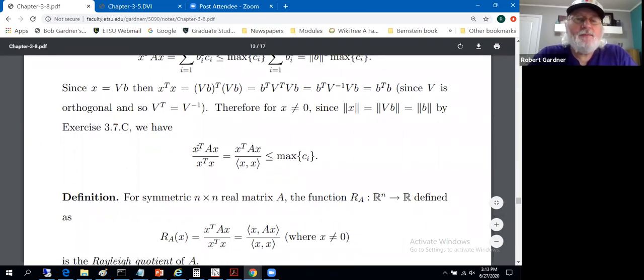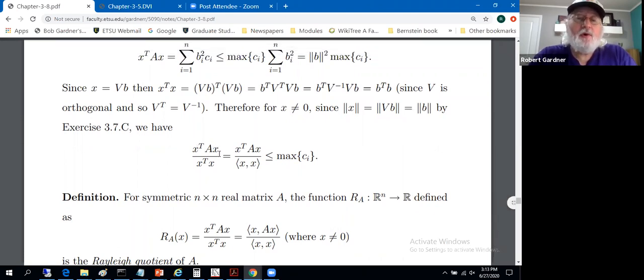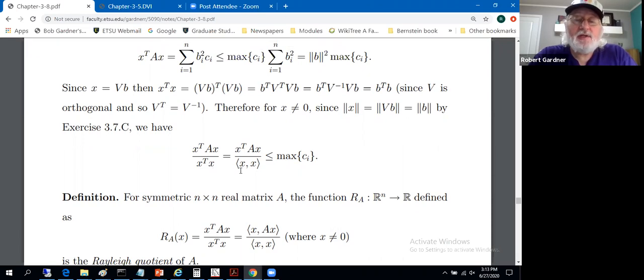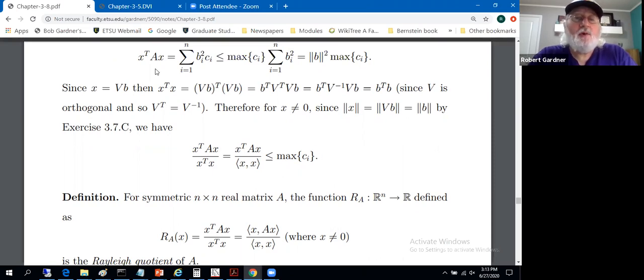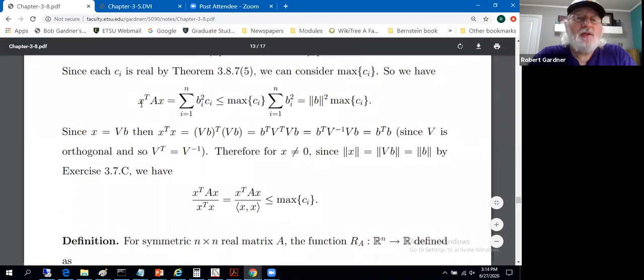Then, if we take x transpose Ax, this quadratic form, divided by x transpose x, that is the inner product of x with itself, we can say that it's less than or equal to the maximum of the c sub i's. Take this inequality up here and divide it by the norm of b squared, or if you like, the norm of x squared. That produces this, and the inequality comes from up here, and you're left with a maximum on the right-hand side.